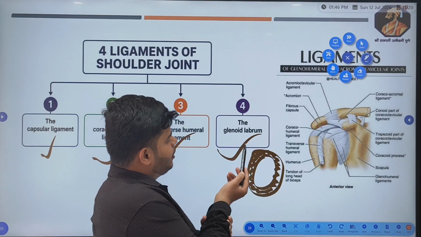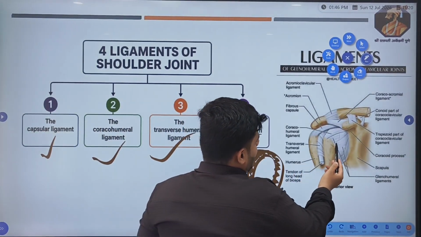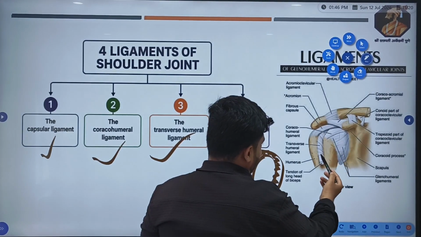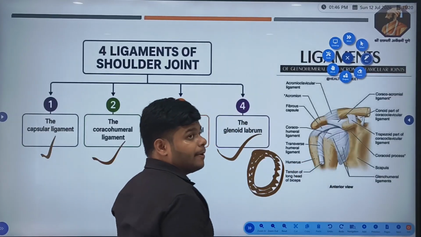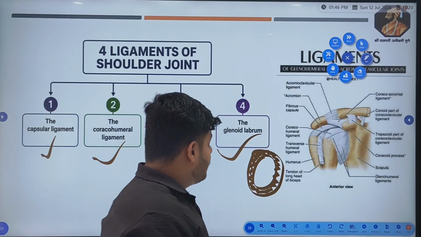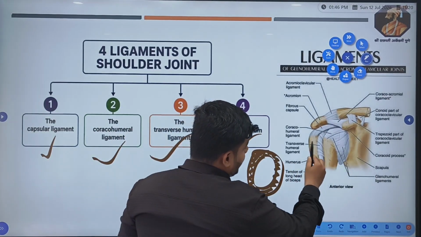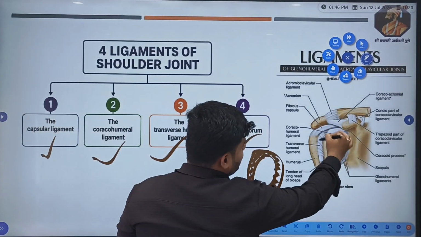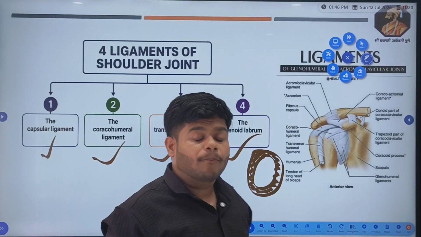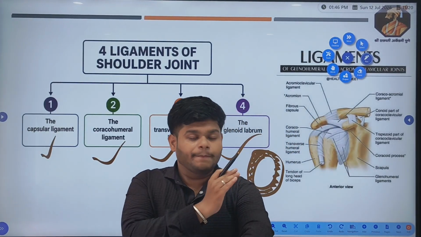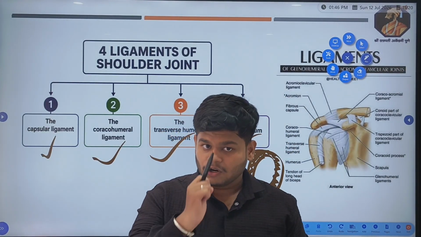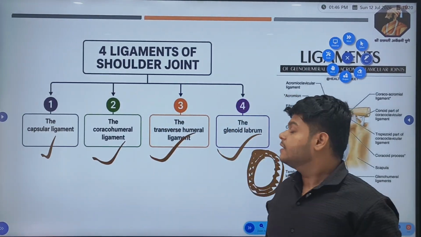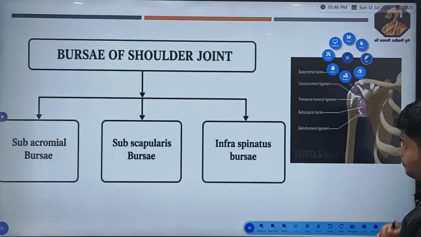One more thing I have to tell you: the capsular ligament has an extension, and its extension is covered by a synovial membrane, and that membrane acts as a sheath for the tendon of the biceps muscle, because the bicipital groove is where the tendon of this most important muscle of the brachium goes, so it gives a protective covering sheath over the biceps tendon.